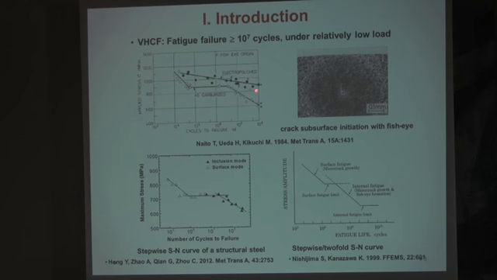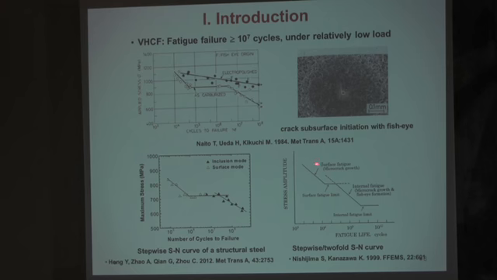In this very high cycle fatigue regime, crack initiation is always from the subsurface instead of the surface. Later, it was summarized that the S-N curve for very high cycle fatigue is of a stepwise or twofold type.